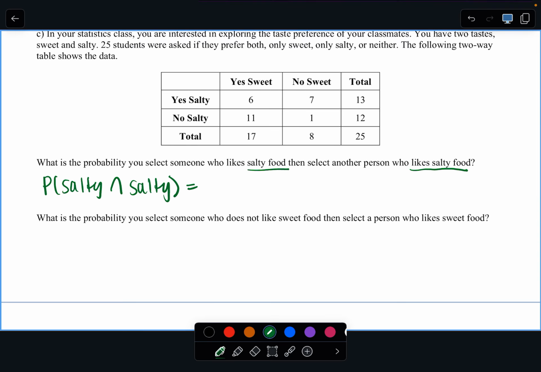So salty food is, there are 13 people total. So 13 out of 25. And then if I select another person, that means I'm going to drop the denominator to 24. But because that person already selected has liked salty food, I'm also going to drop the numerator to 12, which is 0.26, which is 26%.